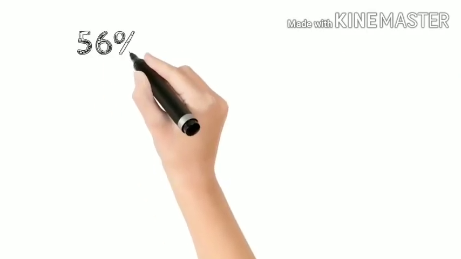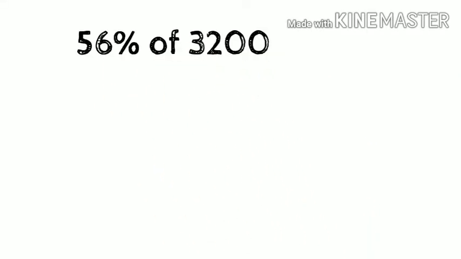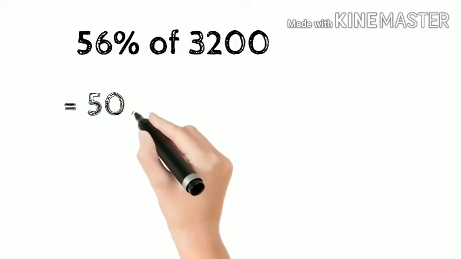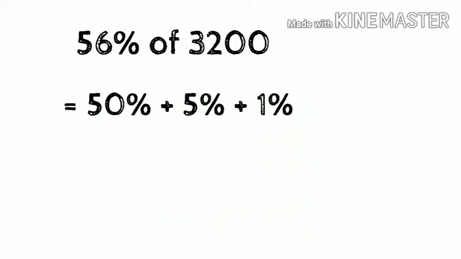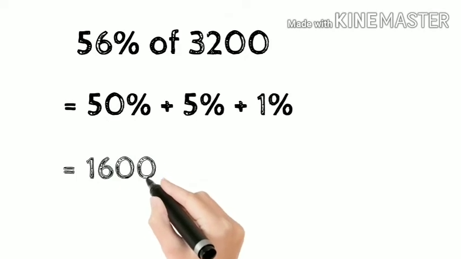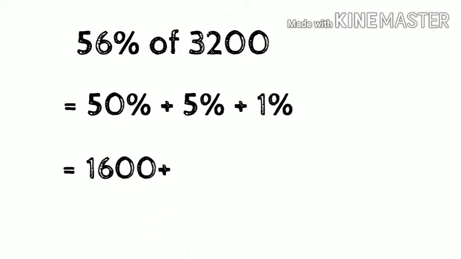What is 56% of 3200? Take your time. Let's see if you can solve it or not. Okay, 56% can be broken as 50% plus 5% plus 1% to get the answer easily. Now 50% of 3200 is 1600. To know how to calculate 5%, we should know 10% first. 10% of 3200 is 320.